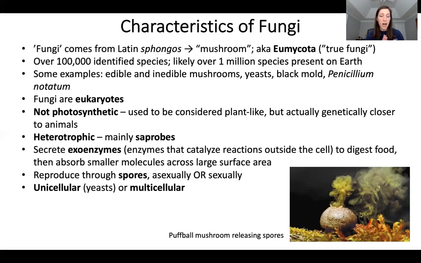So fungi do it kind of in the opposite direction. They secrete what are called exoenzymes, meaning enzymes that work outside of the organism's tissues. So these are digestive enzymes. They work really similarly to the ones that break down the molecules in our food, but they do it on the outside. So fungi sit on the surface of their food, whatever it is that they're decomposing or going to use as nutrition.